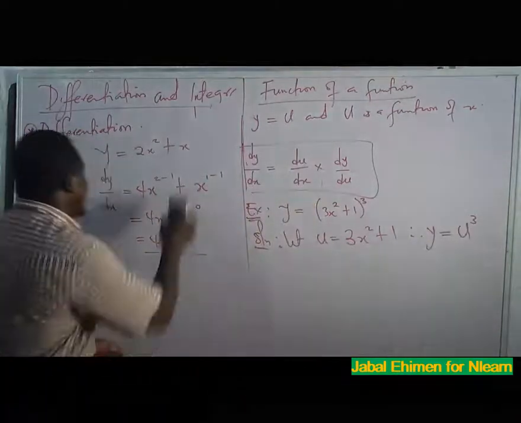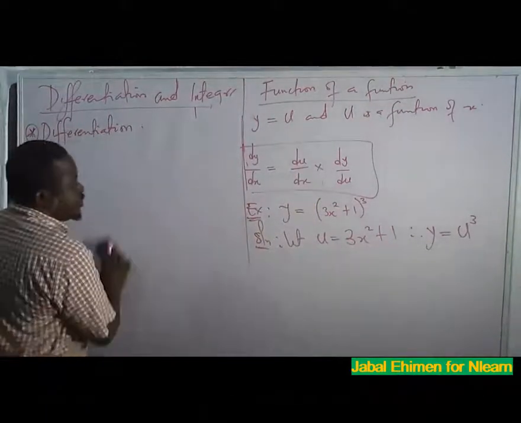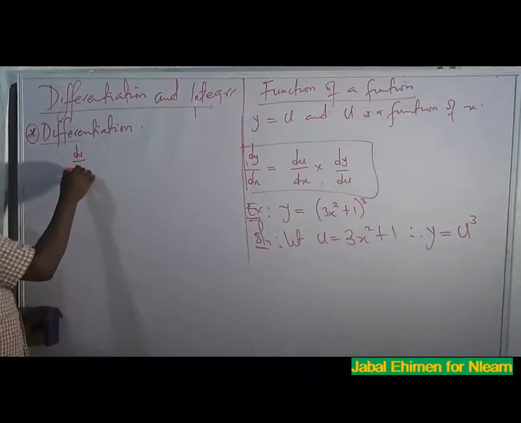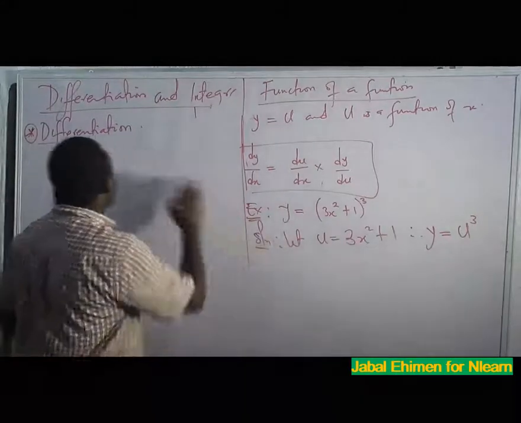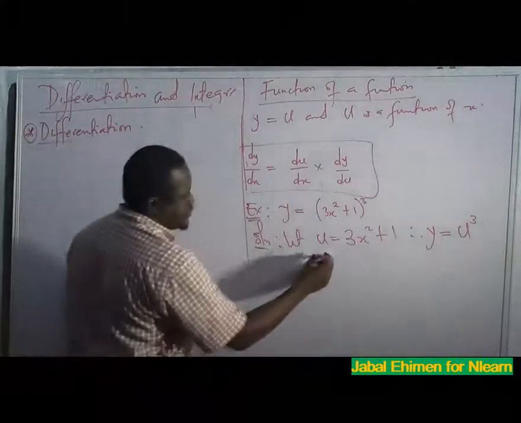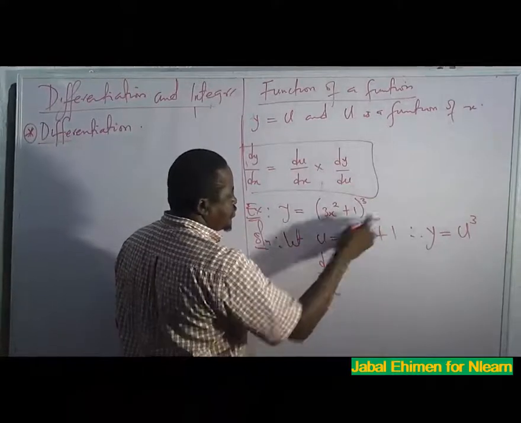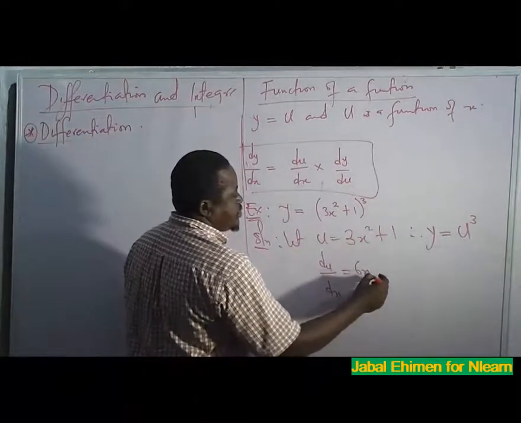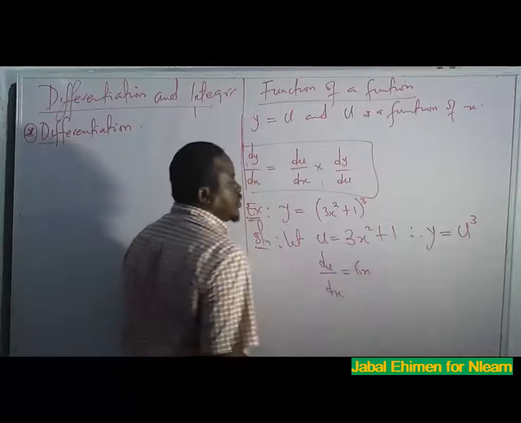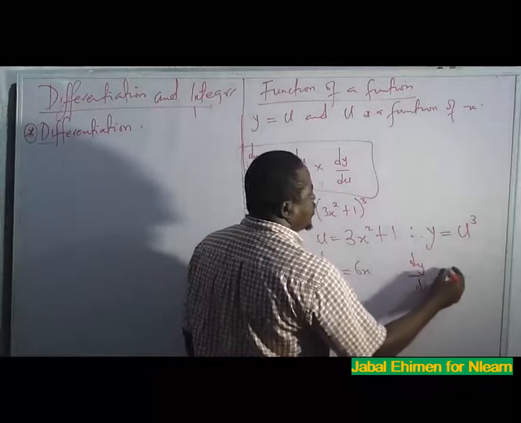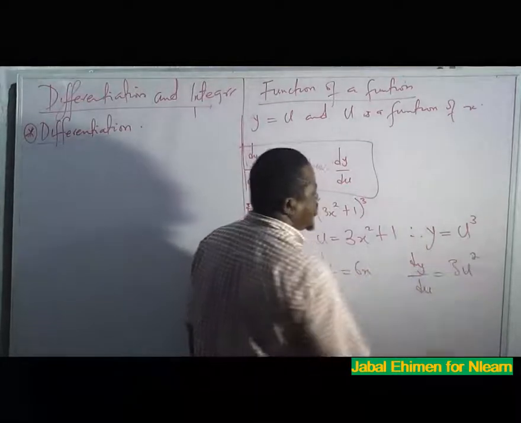So du over dx from here will give us 6x plus 0, and dy over du will give us 3u raised to 2.